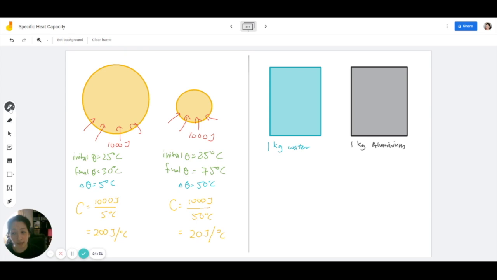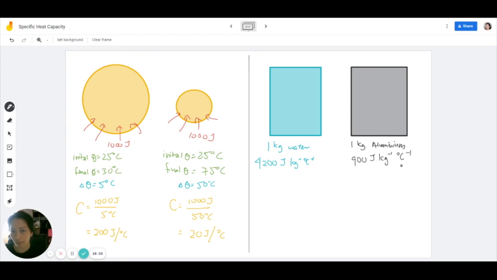Now we can see from the values listed just now that water has a specific heat capacity of 4,200 joules per kilogram per degree Celsius, whereas aluminium has a specific heat capacity of 900 joules per kilogram per degree Celsius. What this means is quite similar to our understanding of heat capacity just now.